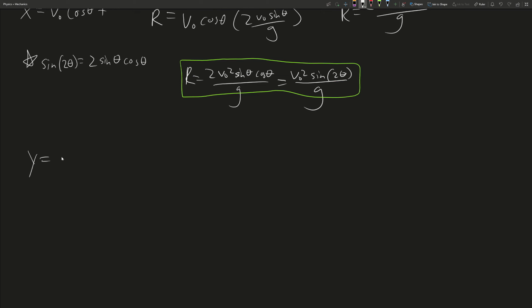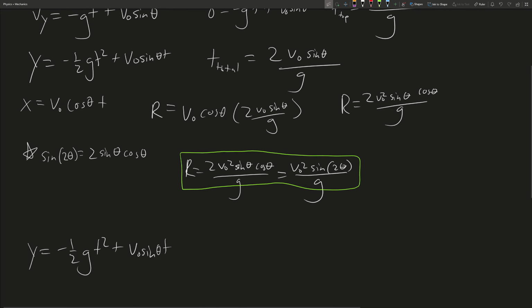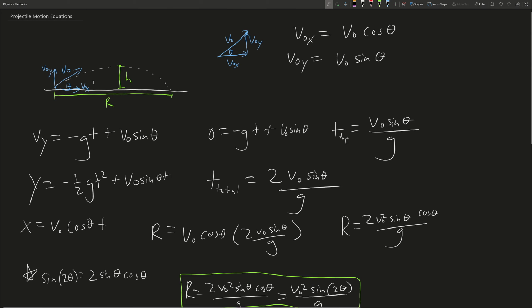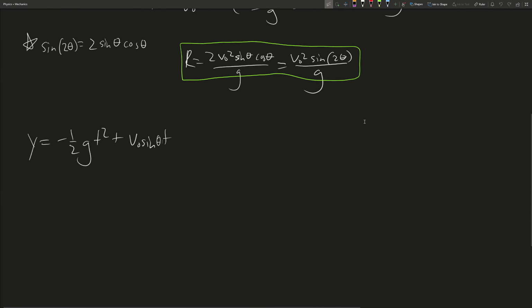So now, finding the maximum height reached by a projectile, remember that the y position of a projectile is equal to -1/2 g t squared plus v0 sine theta t. And instead of the total time of flight, we only want the time it takes to reach the top of its trajectory, which we've already found as v0 sine theta over g.